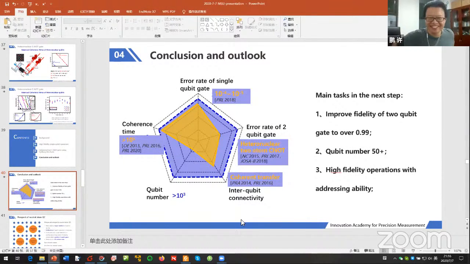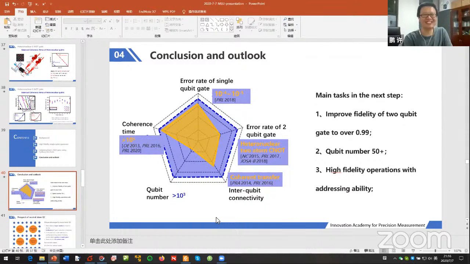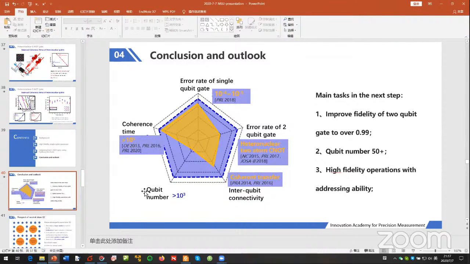No, I don't have a similar picture for the photonic system. This is drawn by myself, and so maybe there are some problems, but to my knowledge, it is the best for me.